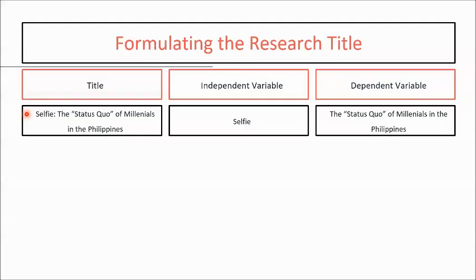So, paano yun? Nagiging batayan ng physical appearance, for example, ng isang millennial sa Philippines ay ang selfie. Di ba? So, nag-picture ka lang, pinost mo sa Facebook, 100 pictures agad dahil sa selfie. Di ba? So, that is independent variable.